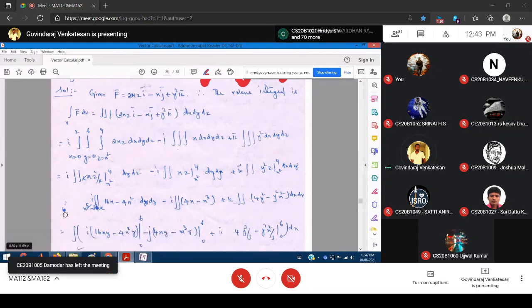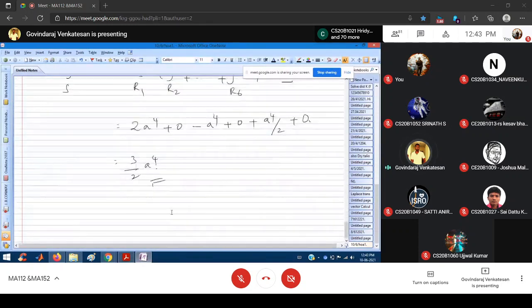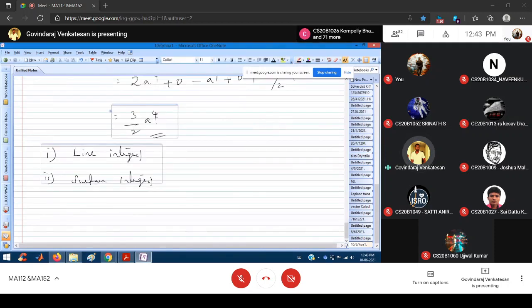Yes. So as of now, the vector integration is completed. We have seen the three integrals. The first one is the line integral, the second one is the surface integral, and the third one is the volume integral.